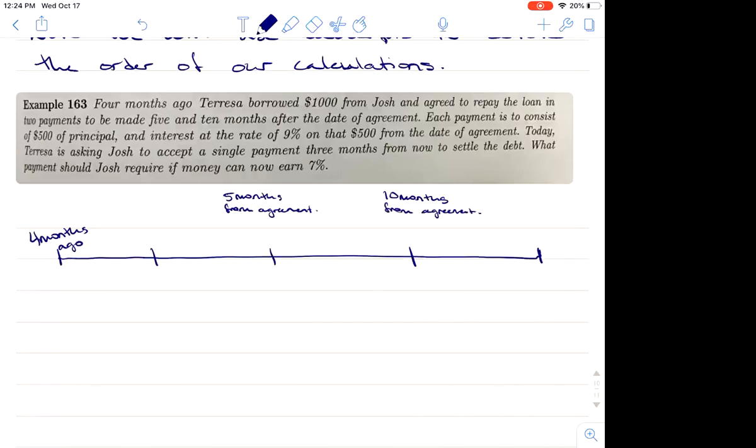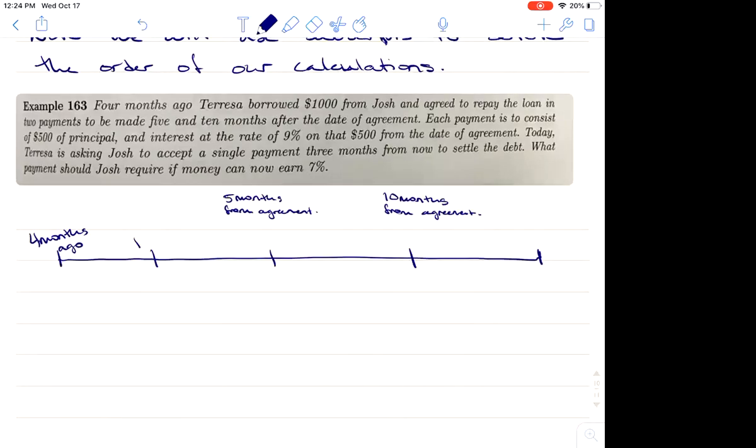So if we rewrite this, we have today. 5 months from 4 months ago is only 1 month from today. So let's put all these in relation to today, just because it's easier to think about. So this is just 1 month from today.